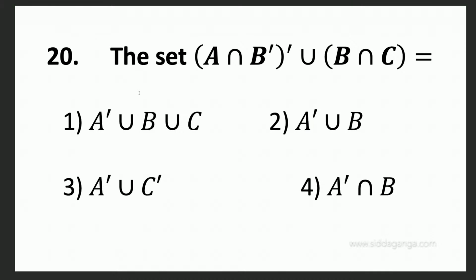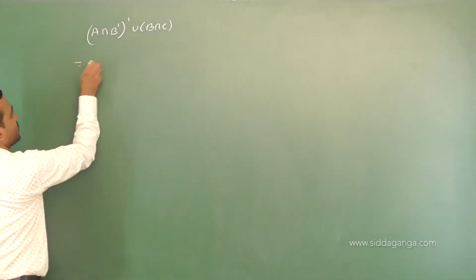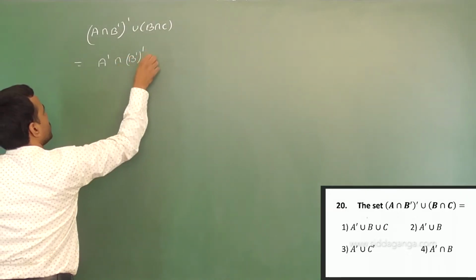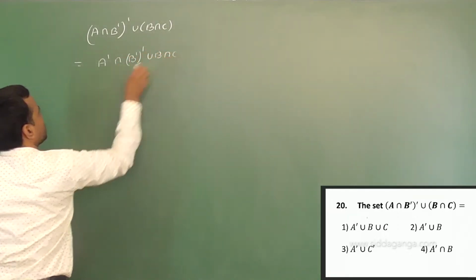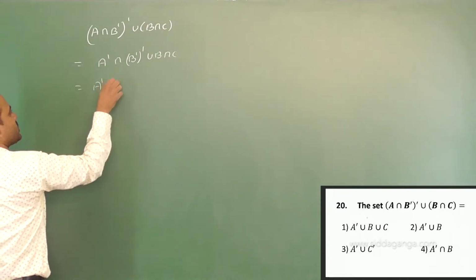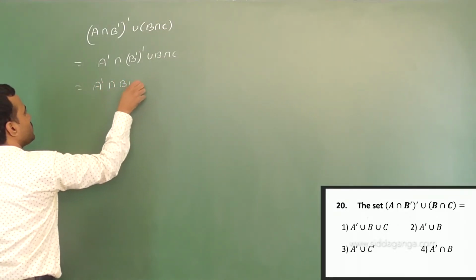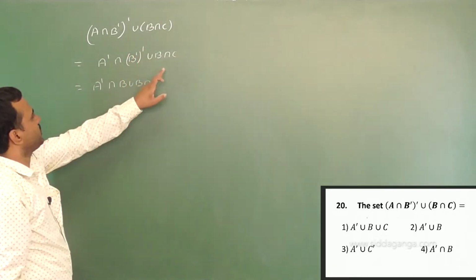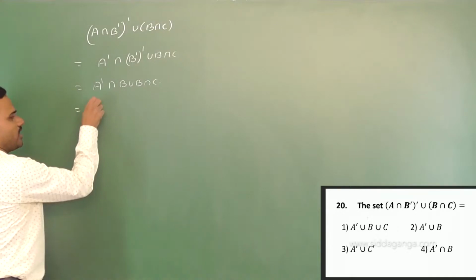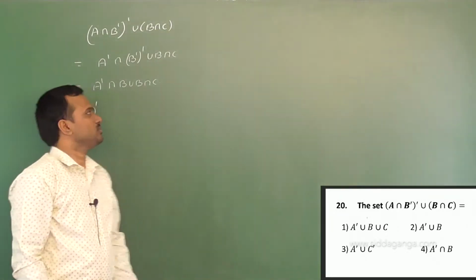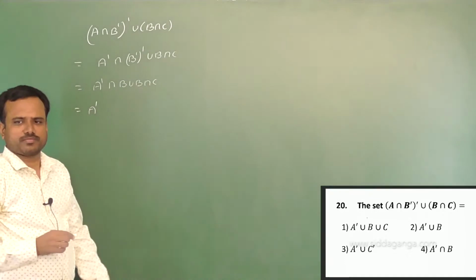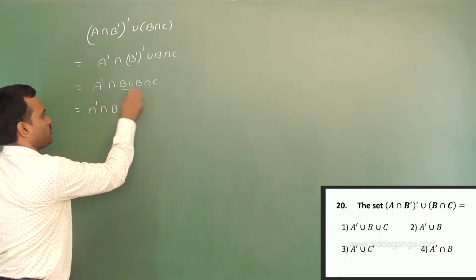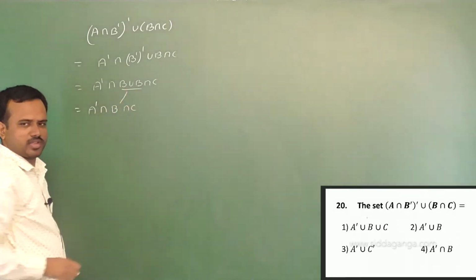So we apply De Morgan's law: A dash intersection B dash whole dash union B intersection C. That is A dash intersection B, union B intersection C. B dash whole dash is B, so B union B intersection C. B union B is always B. Intersection C.